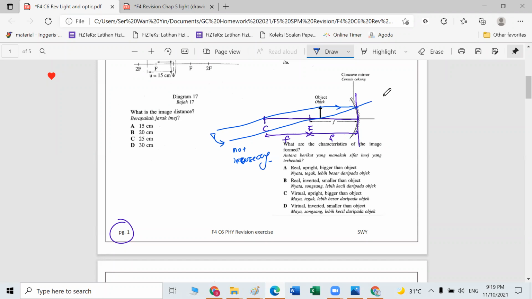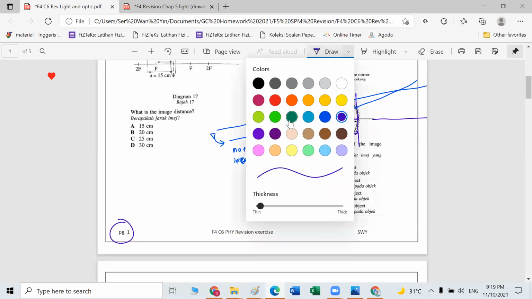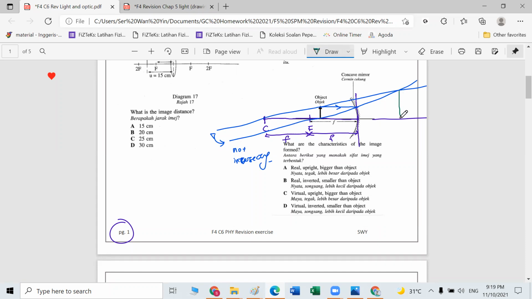So we extrapolate. And when you see the image is far away from the principal axis, don't forget to extend your principal axis. Then draw your image.